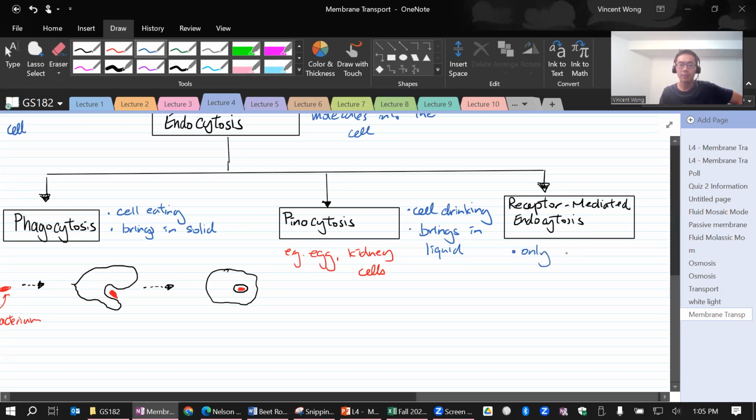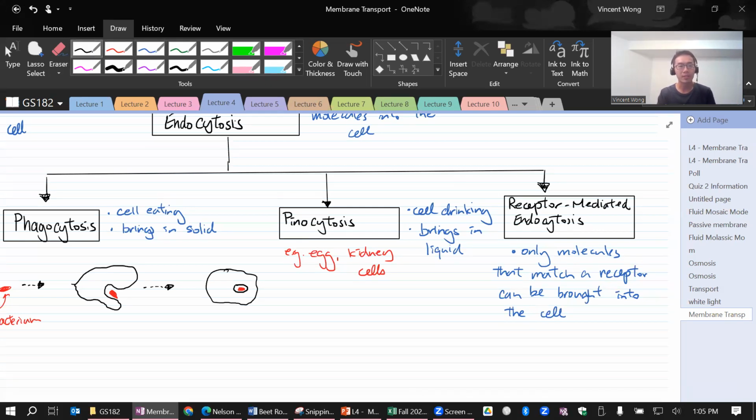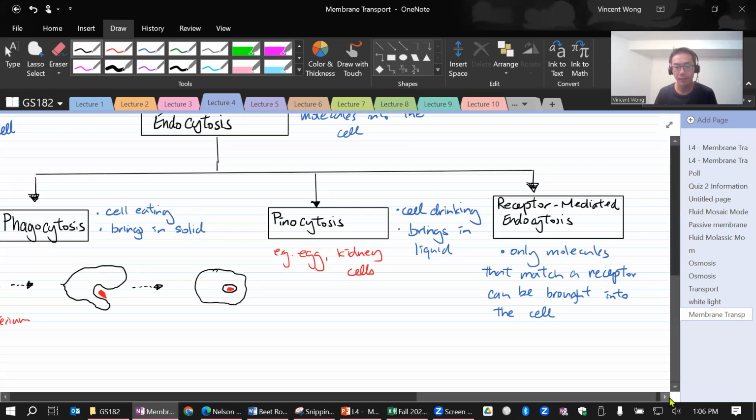So only molecules that match a receptor can be brought into the cell. Okay, not everything can come in. There is a little bit of selectivity here.